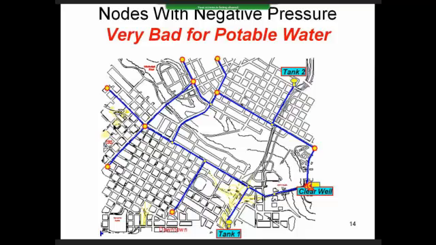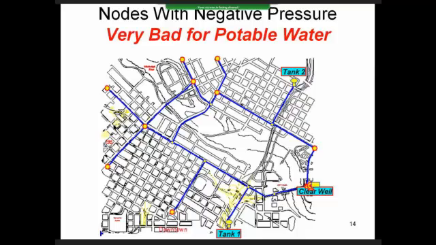Now, in a drinking water system, subatmospheric pressures are very dangerous to the public health, because anytime you have a subatmospheric pressure, any leaks become basically the pathway for dirty water with pathogens in it to intrude back into the system.